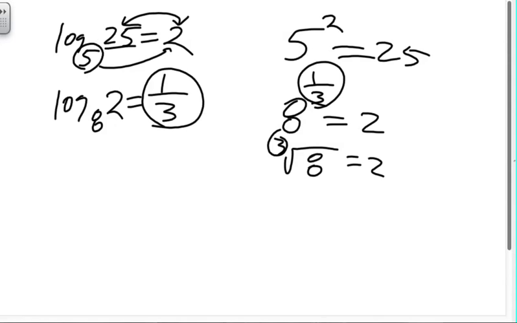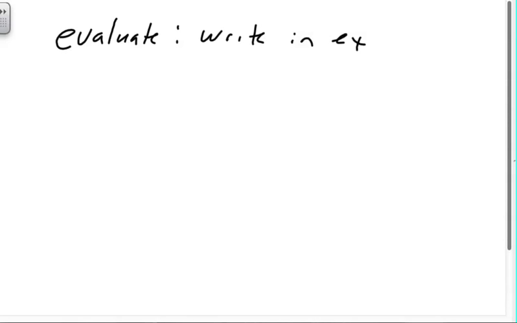To evaluate a logarithmic expression, first step, I would try to write it in exponential form. So let's take a look at some examples. For instance, log base 3 of 3. They want you to evaluate it.